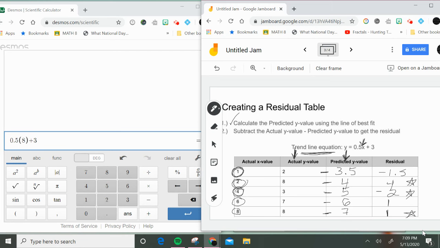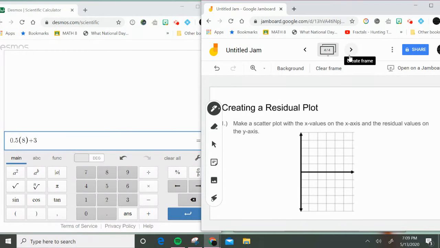We're now going to take our x values and plot them with our residual values. That's going to give us our residual plot. So the x values are going to go on the x-axis and the residuals on the y-axis. On my x-axis, I need to go up to 8, so I'm going to count by 2s: 2, 4, 6, 8.